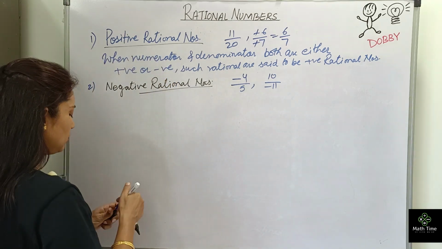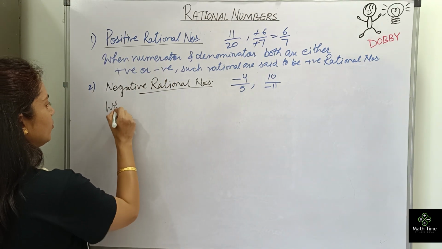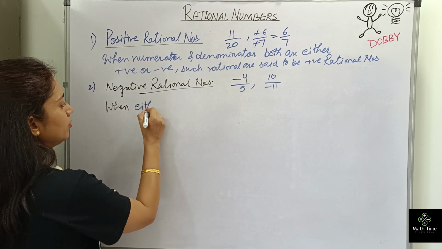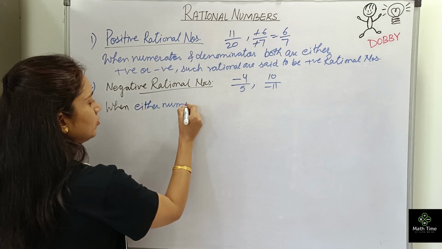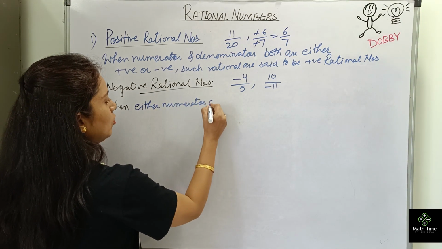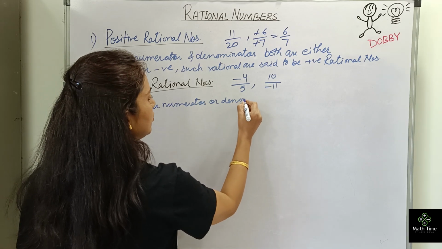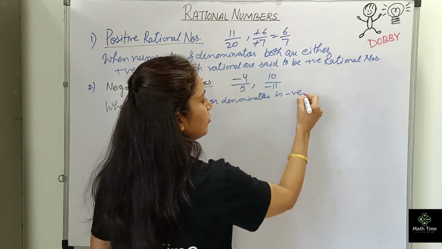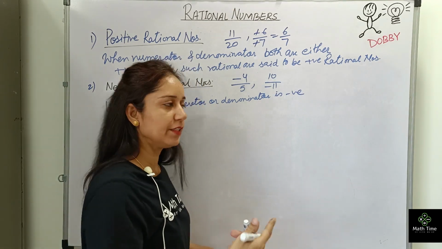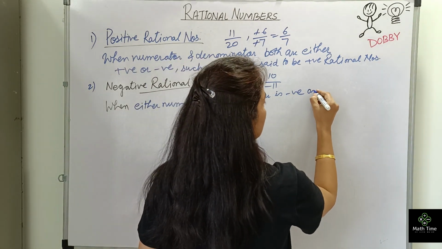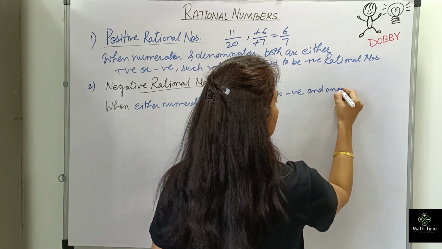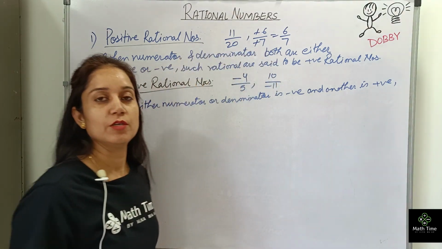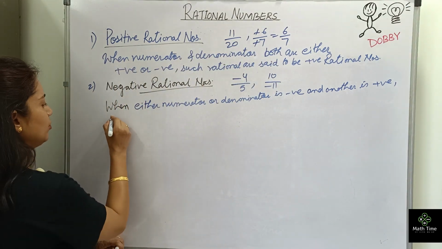Okay. So when either numerator or denominator is negative, one is negative, another is positive, such rational numbers are called negative rational numbers.